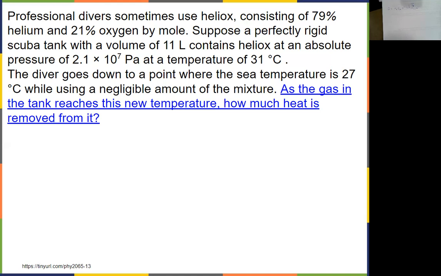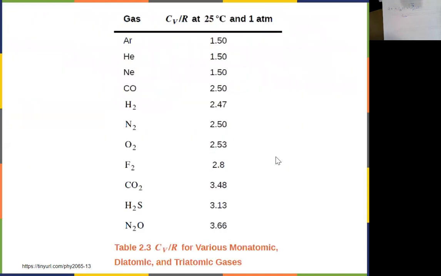Actually, I think you can look up these two numbers. So CV1 for helium, or let me just write down CV helium here. If you look it up on the table, for helium it's 1.5 exactly.